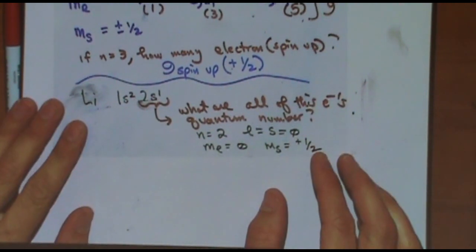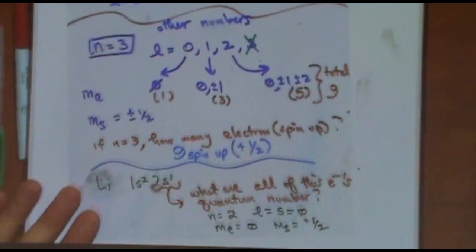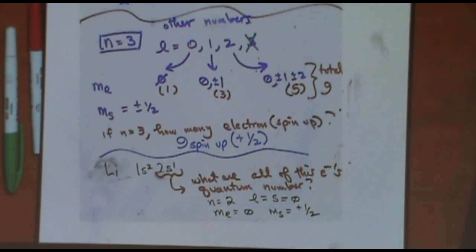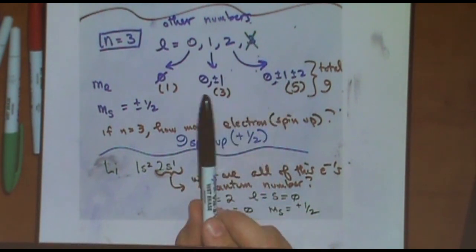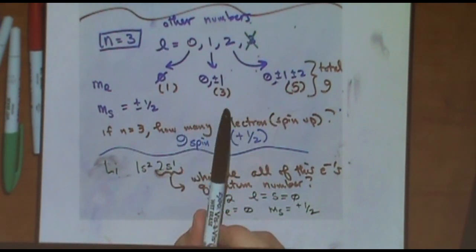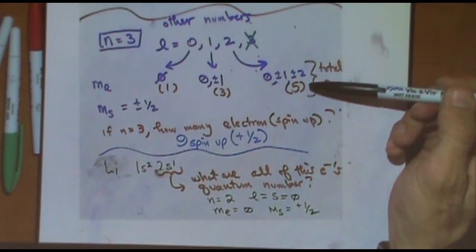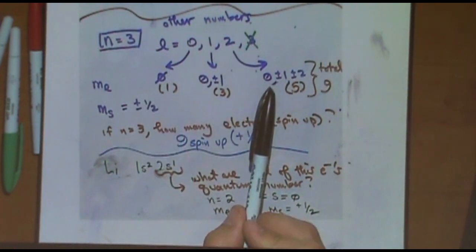Any questions on any of that before I go to electron configurations next, because we just kind of started it? Yes? When we're writing the m sub l values, do we have to write 0 each time?